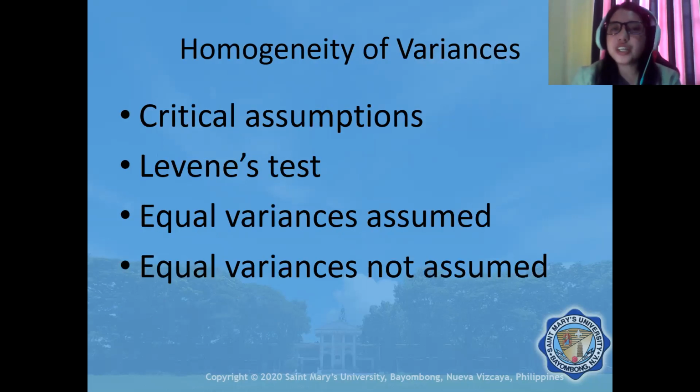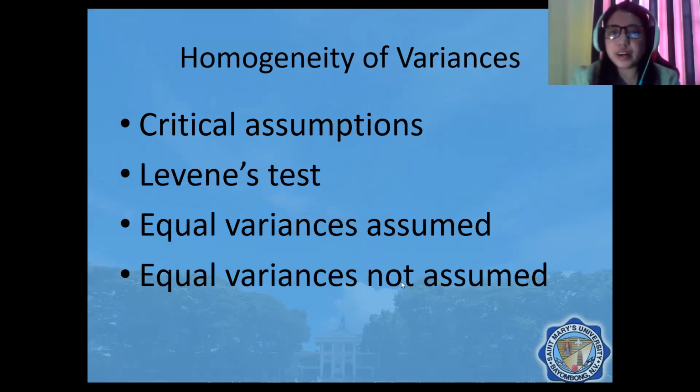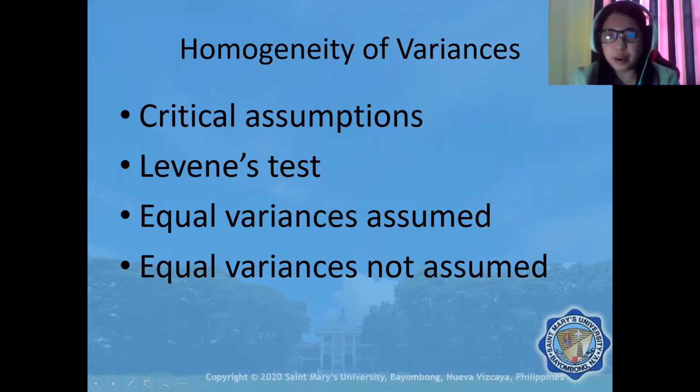For homogeneity of variances, we have to check if our variances are equal or not equal, because this affects our data.